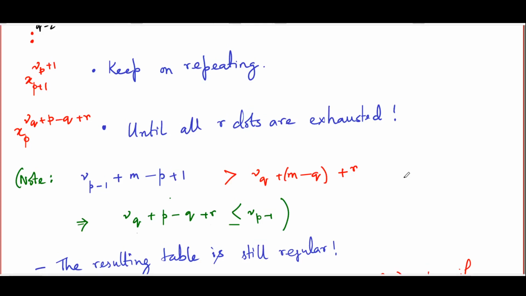I'm pretty sure all of you have already spotted one situation where this particular inequality is not relevant at all, and that happens when this power nu q plus m minus q plus r turns out to be bigger than nu 1 plus m minus 1. This was the largest power in the expression before you multiplied by xq to the power r, but after the multiplication, this has become the largest possible power.